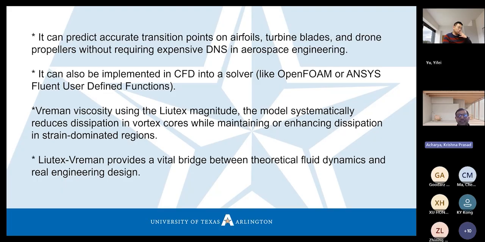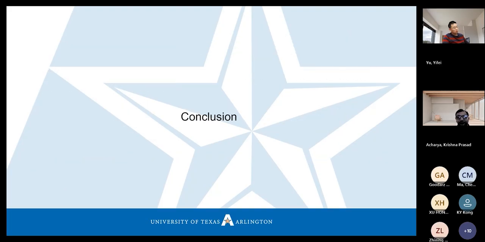The model systematically reduces dissipation in vortex cores while maintaining or enhancing dissipation in strain-dominated regions. Liutex Vreman provides a vital bridge between theoretical fluid dynamics and real engineering design.